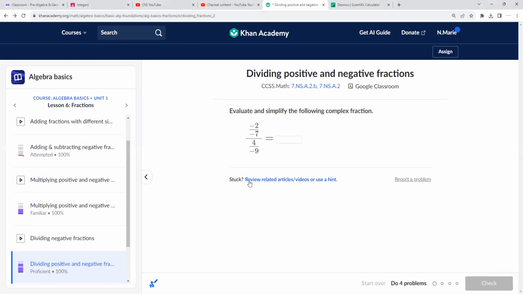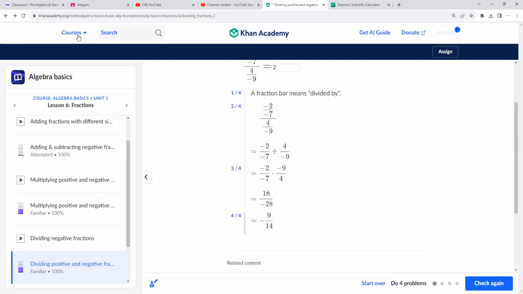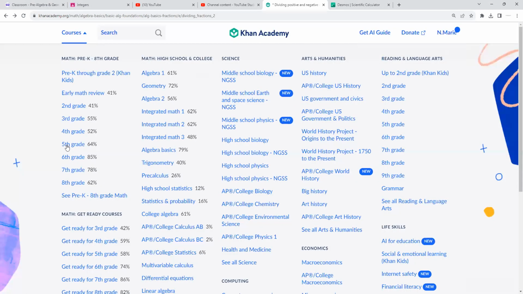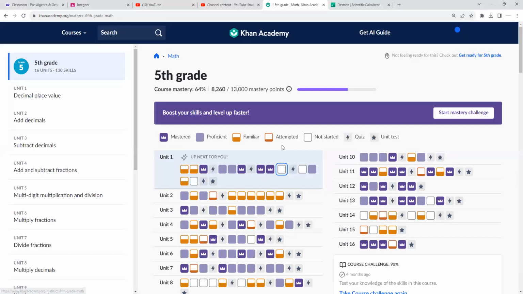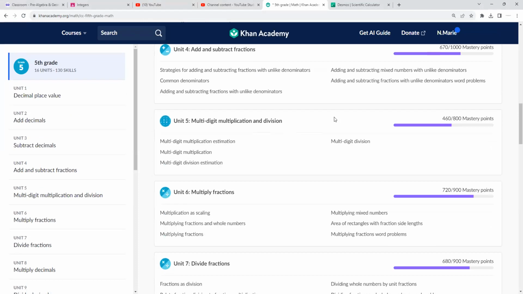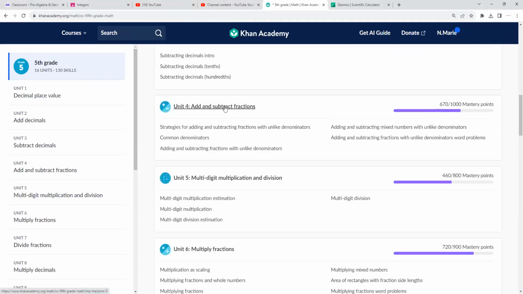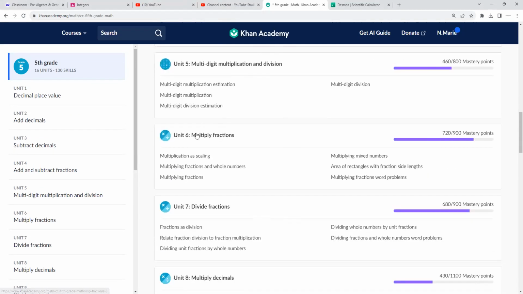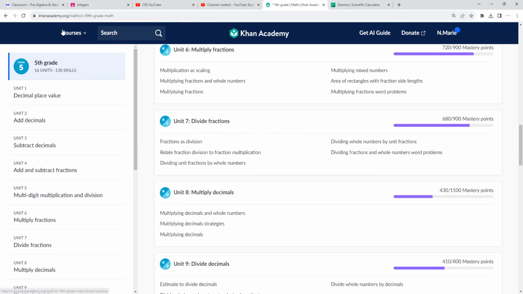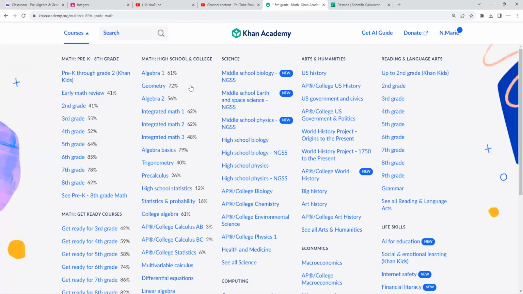The good thing with Khan Academy, I probably mentioned this in other videos before, if you get something wrong, they will show you how to do it. So you could learn that way, or you can watch the videos on Khan Academy if you need to. You can go to the 5th grade math, learn to add and subtract fractions, learn to multiply them, learn to divide. This is in the 5th grade math section.